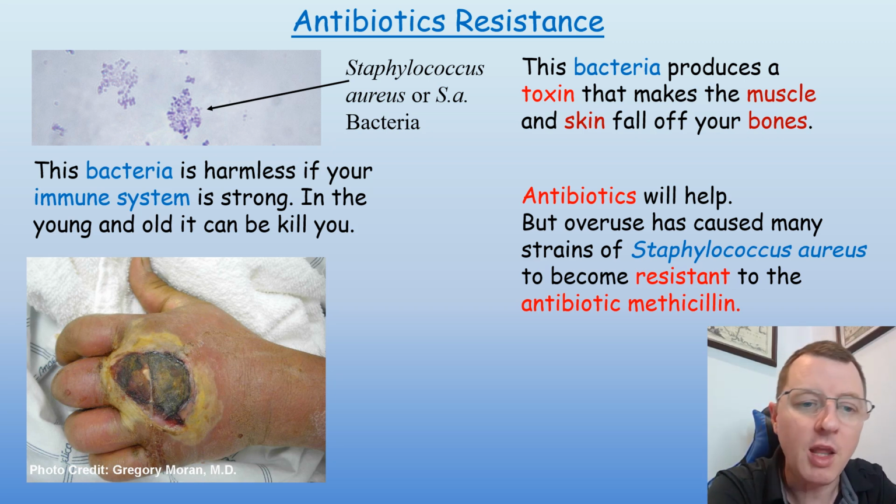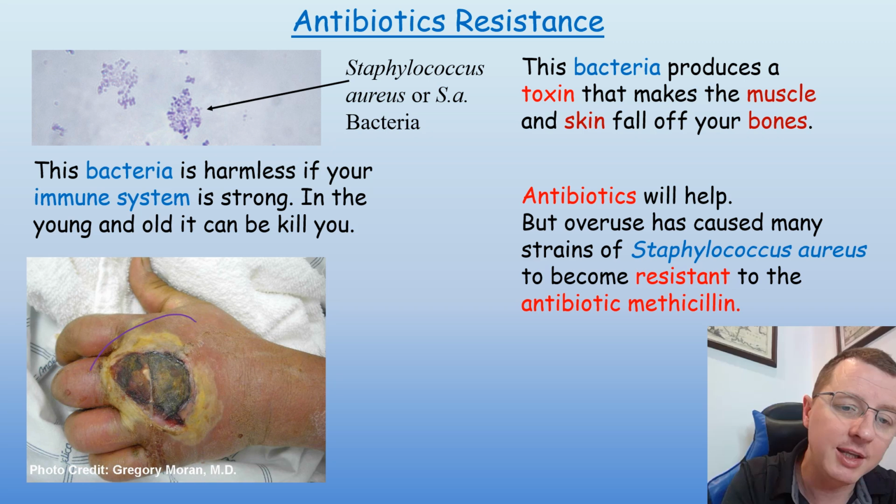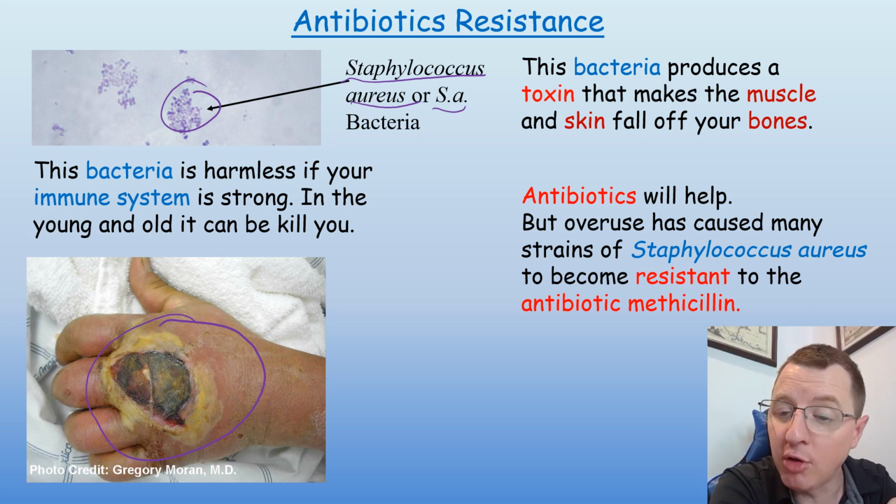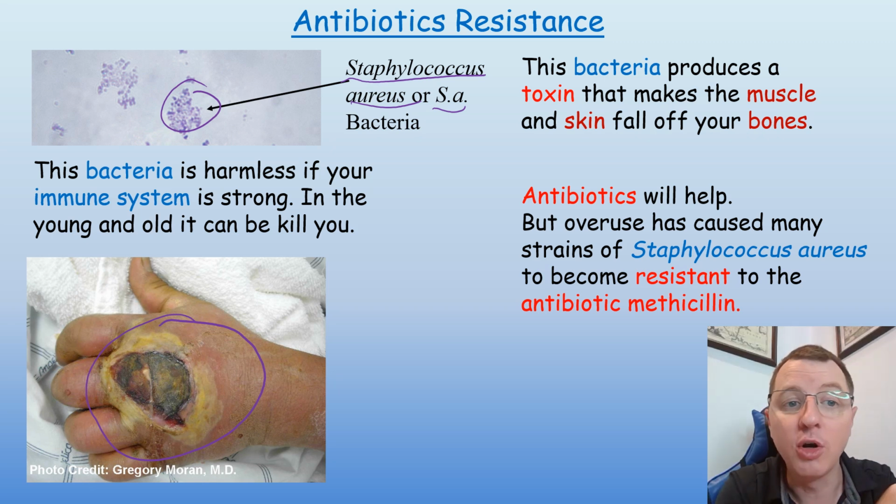But there is one particular issue when using antibiotics to treat bacterial disease, and that's antibiotic resistance. For example, you can see this person here, they have an infection of this bacteria, Staphylococcus aureus, or we can call it SA. Now this bacteria lives on your skin, it lives around the entrance to your nose, for example, and it's practically harmless when it lives on your skin.